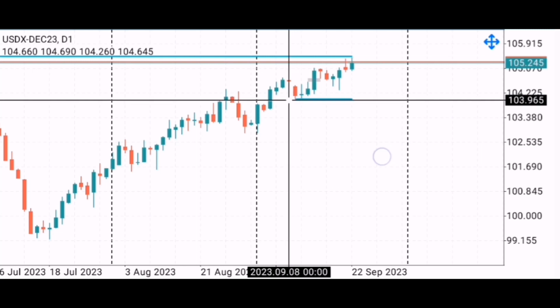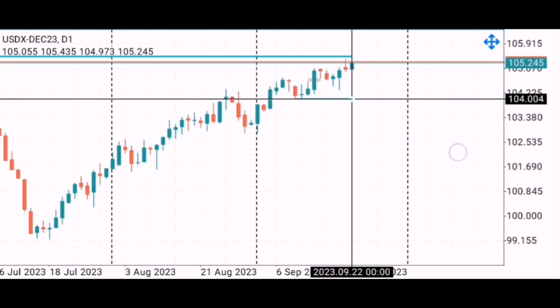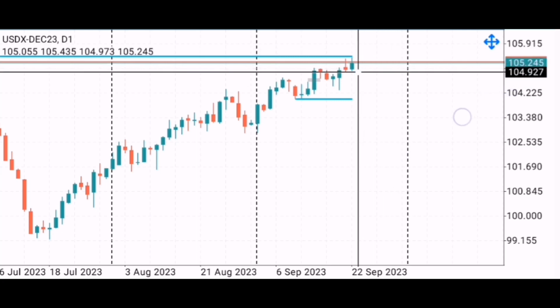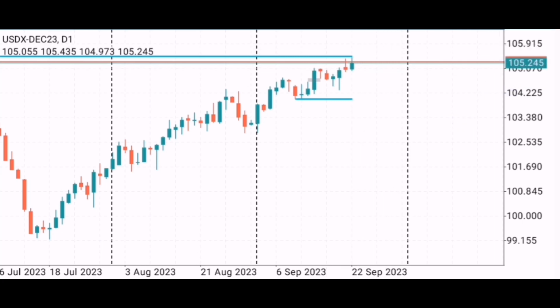So another scenario is simply for it to trade all the way to this one over here and begin to react off that. However, Monday through Wednesday, we also align ourselves according to what we see price doing to take advantage of either side, be bearish or bullish.